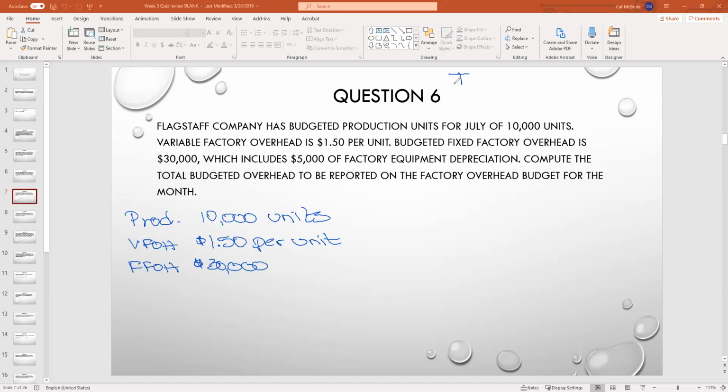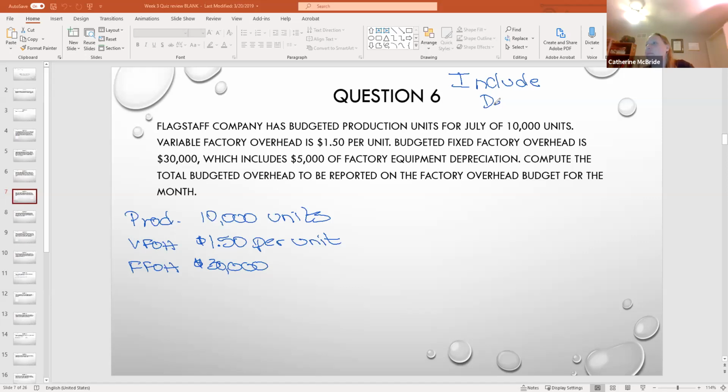So you have to know to include depreciation. Just don't do anything weird like subtract it. Compute the total budgeted overhead to be reported on the factory overhead budget for the month. So this is simple. All we have to do is add the variable and the fixed overhead together.